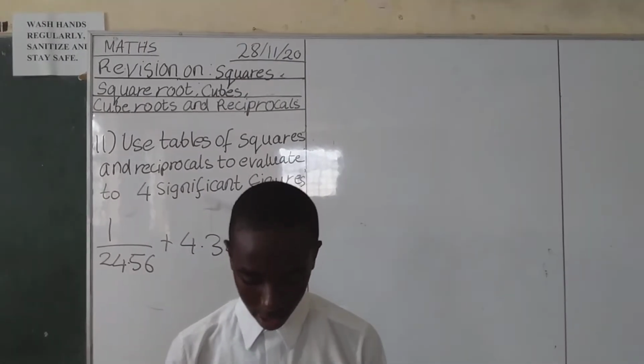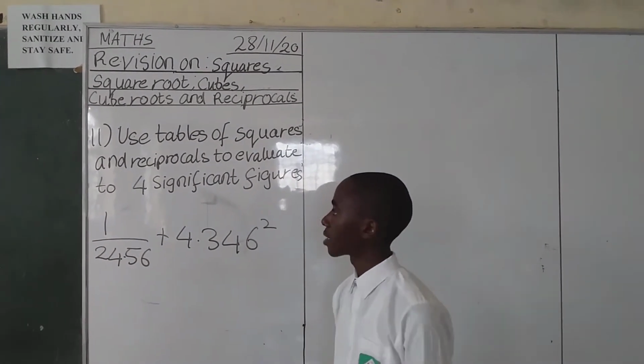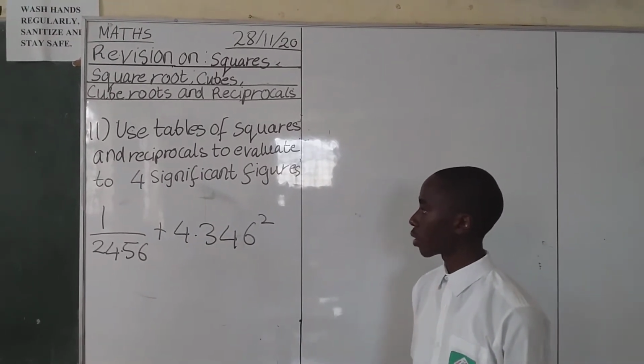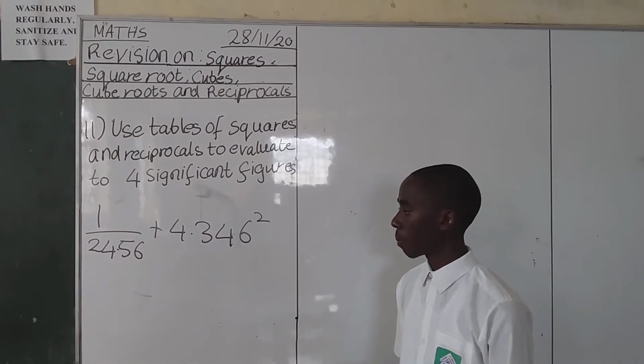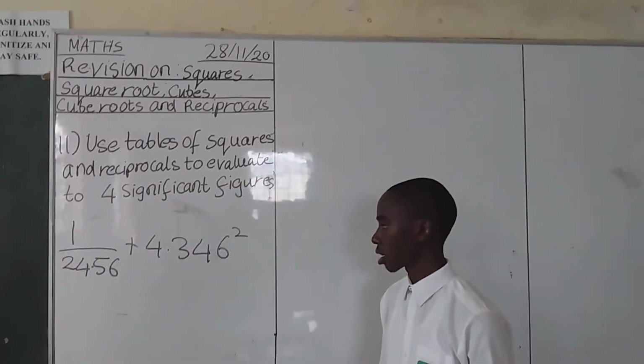Learners, as we continue on the revision to our second question, we are supposed to use tables of squares and reciprocals to evaluate to four significant figures, 1 over 24.56 plus 4.346 squared.